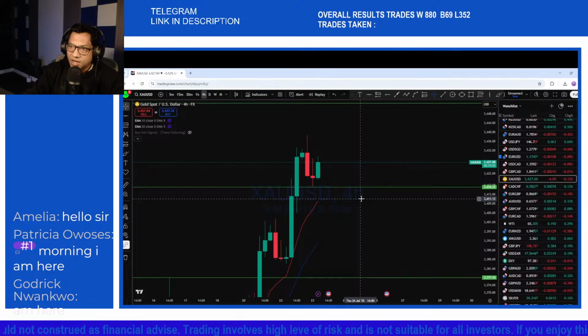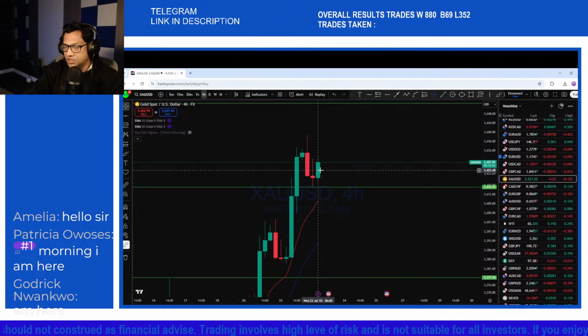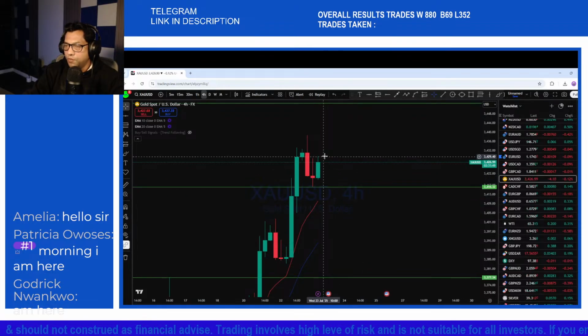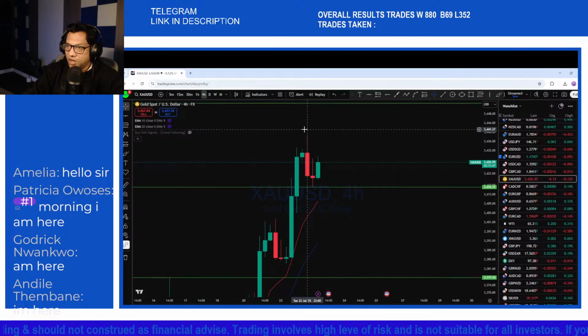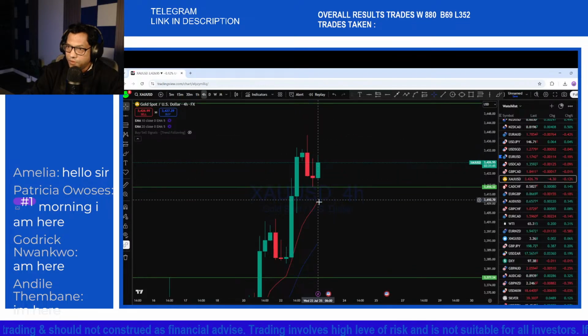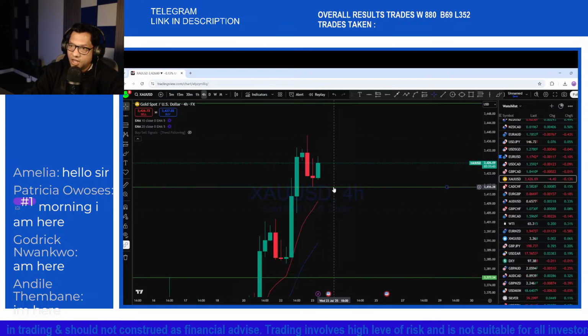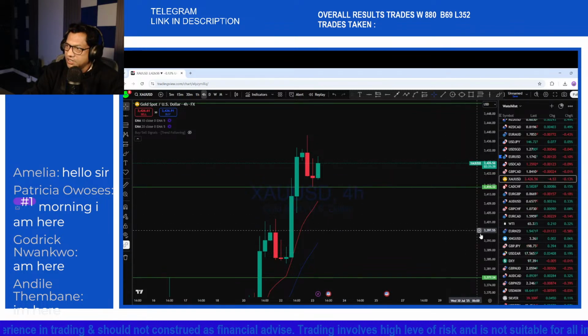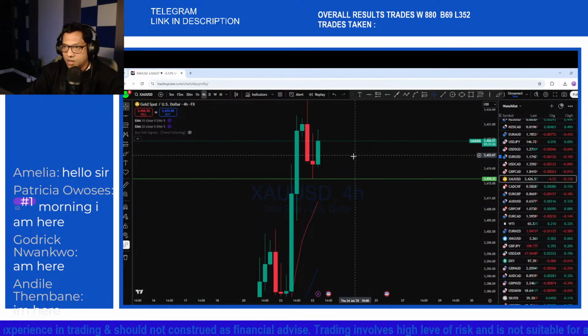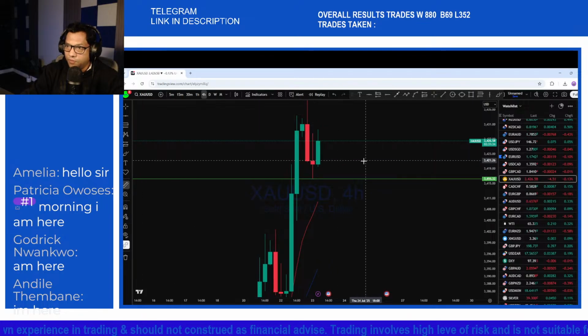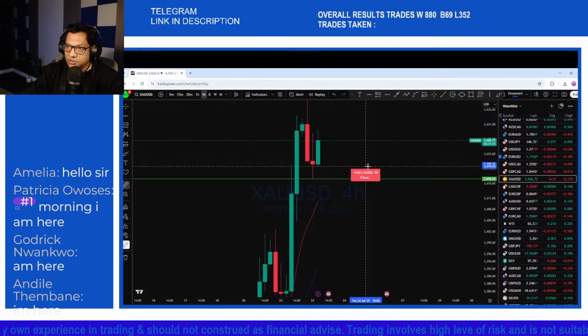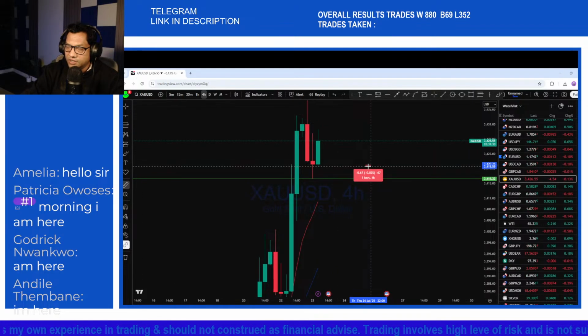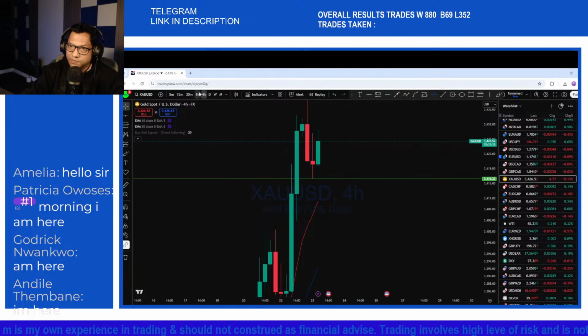From the 4-hour chart, the price made its move initially back to the upside. There was a drop here, followed by a narrow doji formation. Now this current 4-hour session, once the market opened, the price pulled back to a certain level and bounced back to the upside.